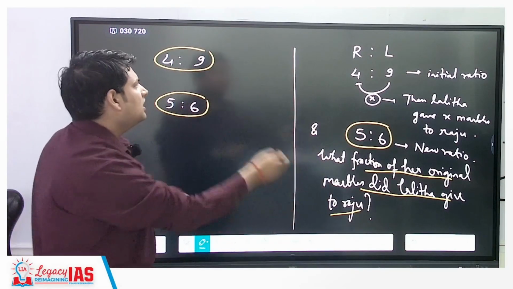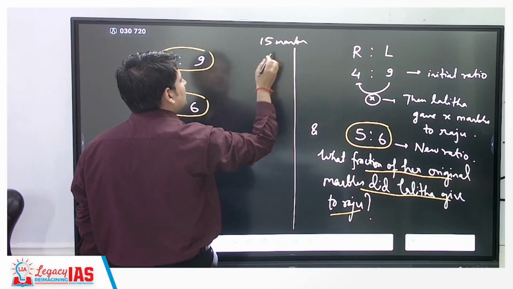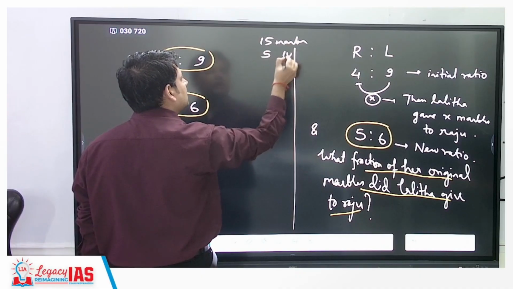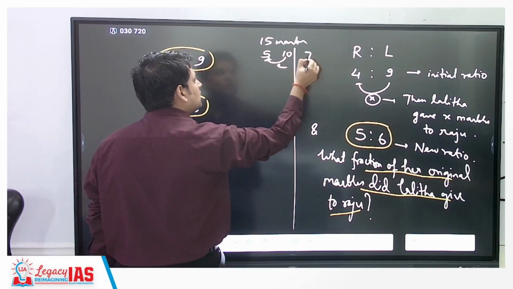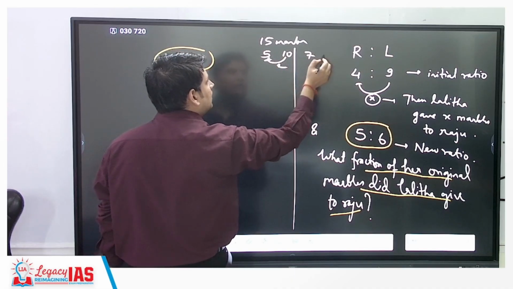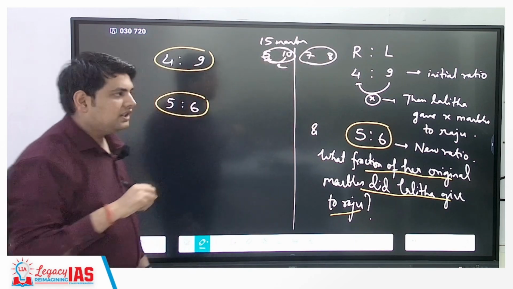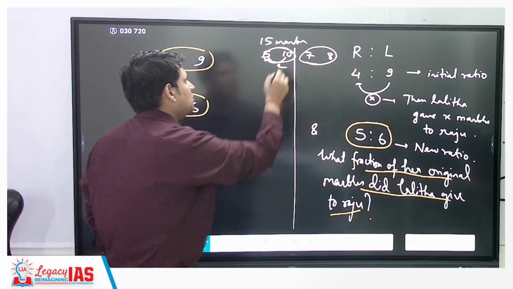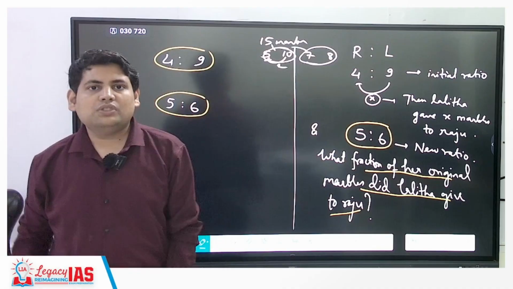because let's say Raju and Lalita together had 15 marbles, in which let's say Raju had 5 and Lalita had 10. Now Lalita gave away 2 marbles to Raju. So Raju will have 7 and Lalita will have 8. But the sum in both cases, that is 5 and 10 and 7 and 8, is 15 only. Correct? Because the system is not losing anything.